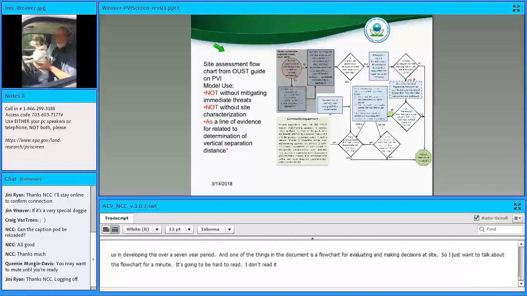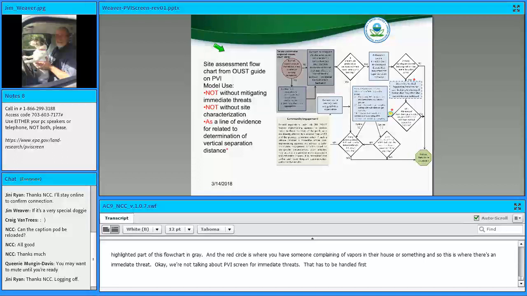But this is a flow chart for a site assessment. And what I did was I highlighted part of this flow chart in gray. The red circle is where you have someone complaining of vapors in their house or something. So this is where there's an immediate threat. Okay, we're not talking about PVIScreen for immediate threats. That has to be handled first.